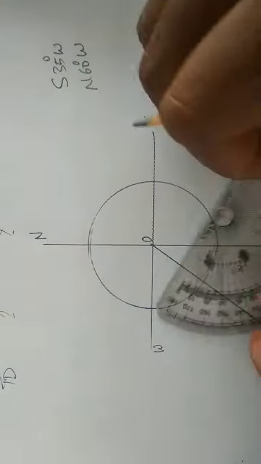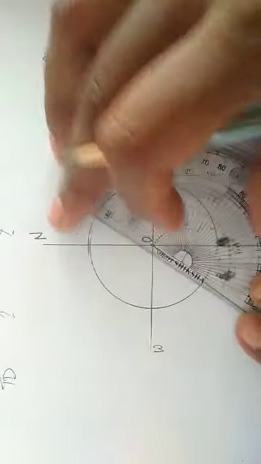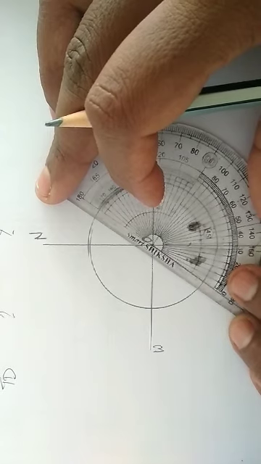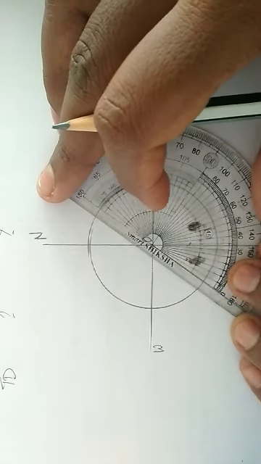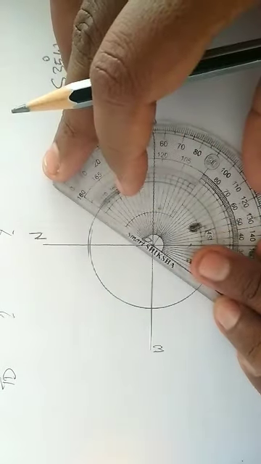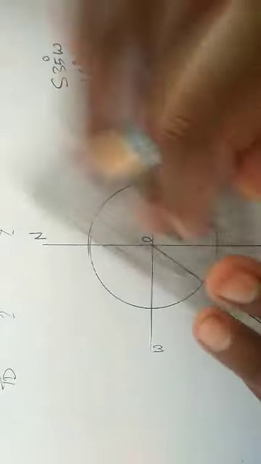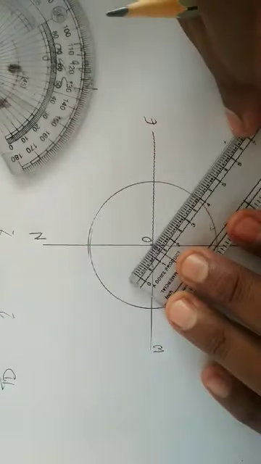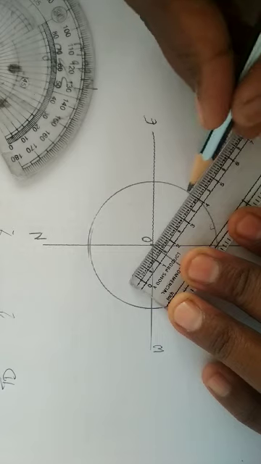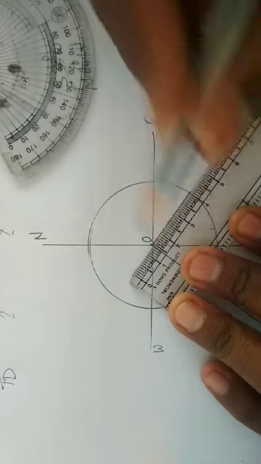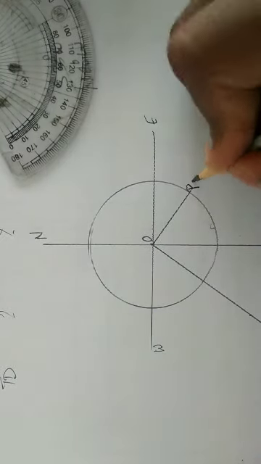Next, to this we need to draw the perpendicular. From O, draw the perpendicular which touches a point on the circumference of the circle, that is the right angle. Name it as P.